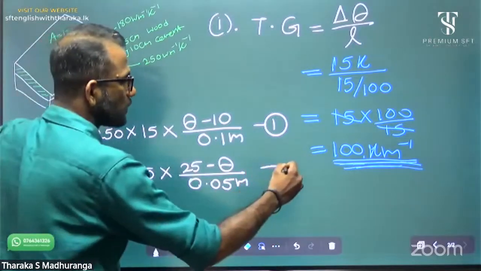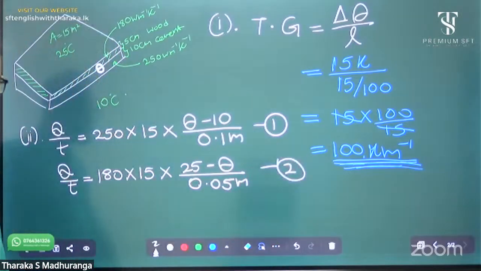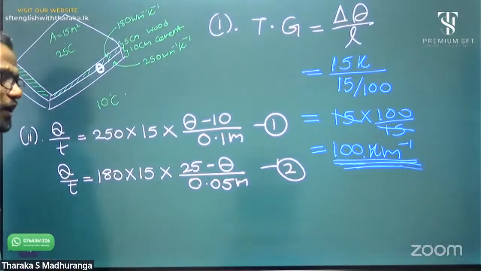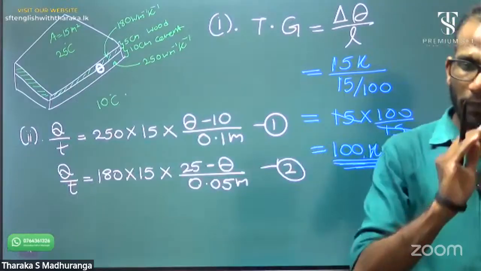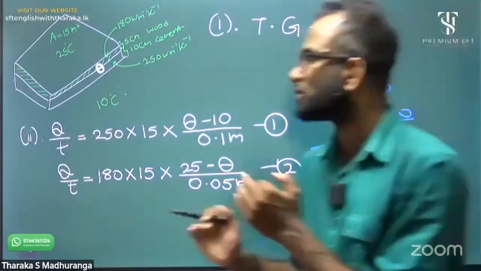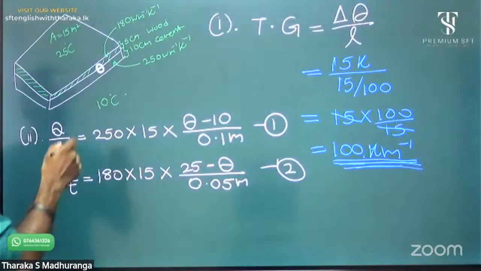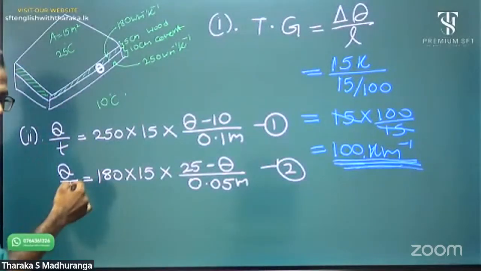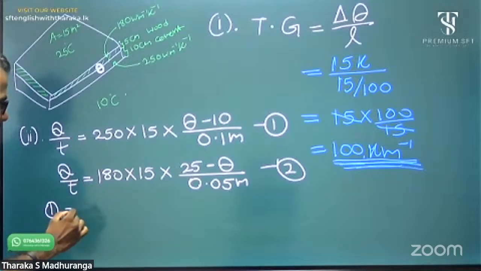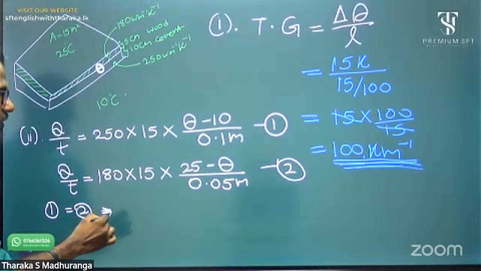This is my second equation. I told you, in steady condition, the thermal conduction rate Q over T is the same for both wall layers. Then first equation equals second equation.